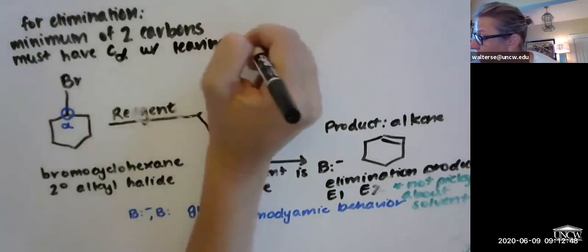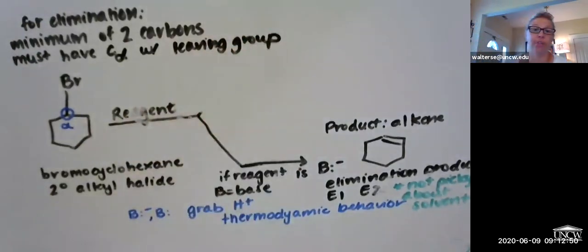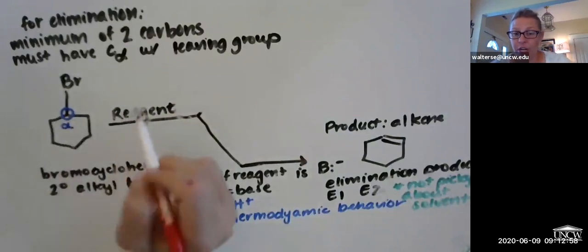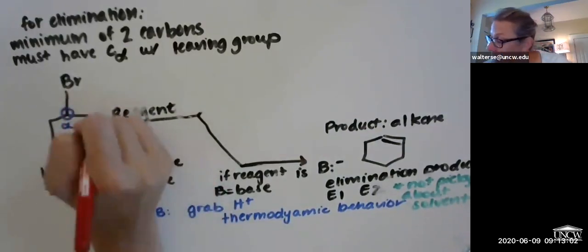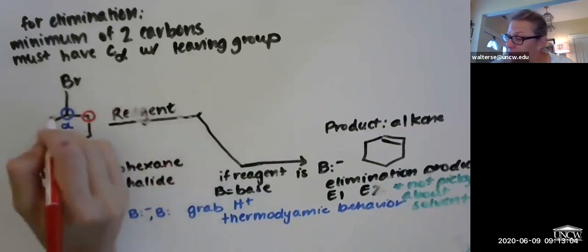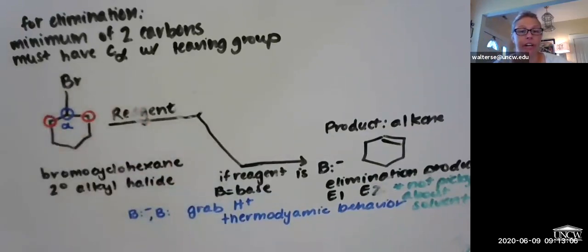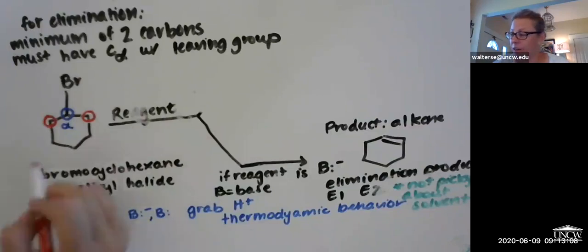And just like for substitutions, you need a good leaving group. You need something that will leave. Next door to alpha, you have in red beta. Now in this particular substrate, there's 2 beta carbons.